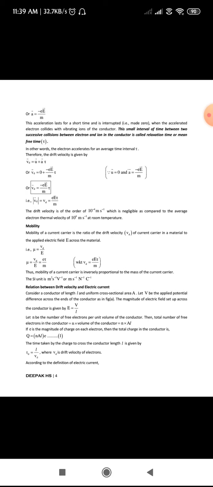In some cases they have asked relaxation time or mean free time for 1 mark. You need to write what you mean by that.